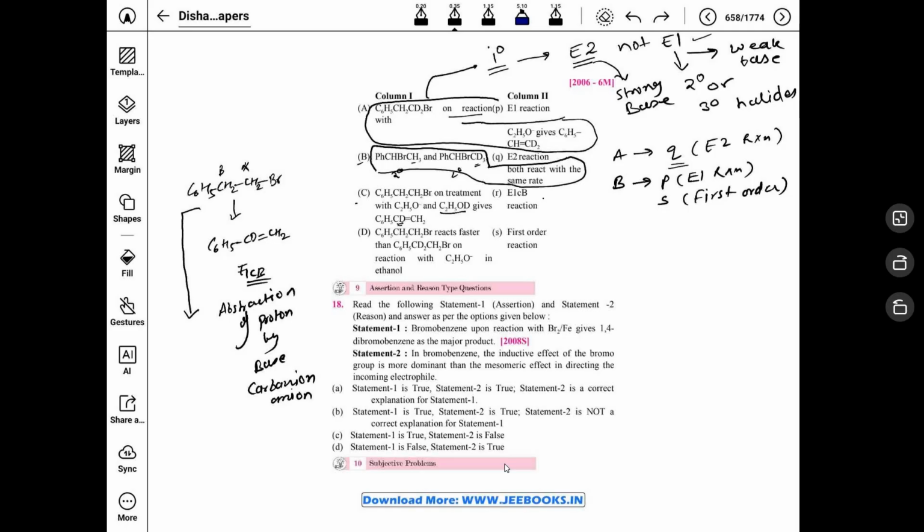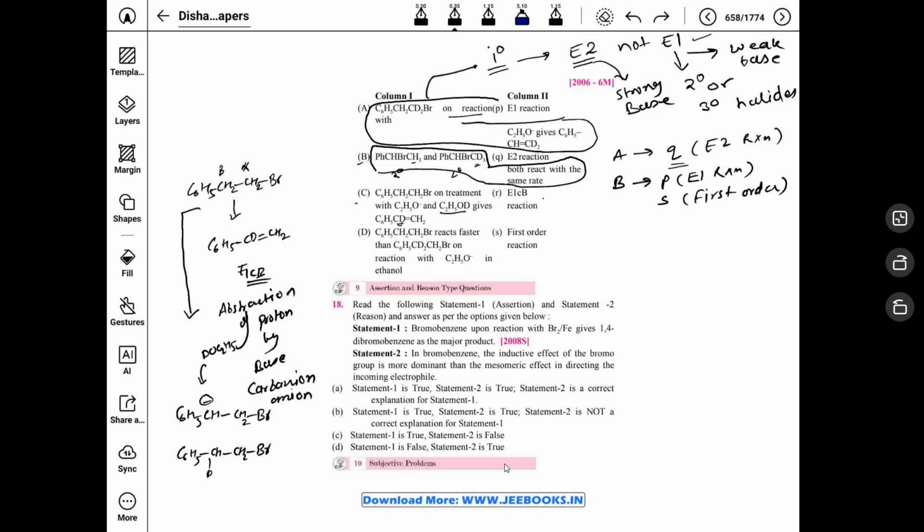So it will form a carbanion like this, and this carbanion can take deuterium from this deuterated ethanol to give a deuterium labeled species like this.